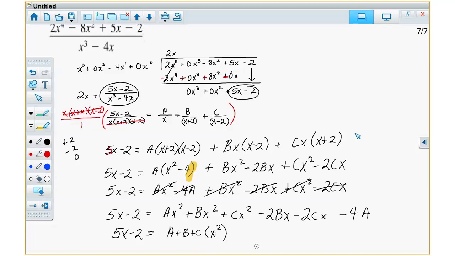Factor out a negative 2x, that's going to leave you with b plus c times negative 2x, and minus 4a.